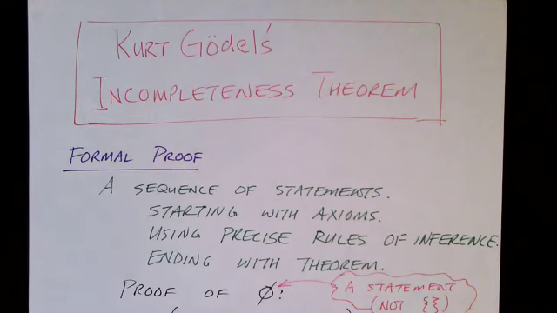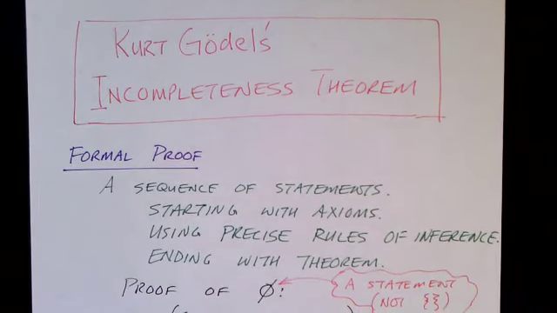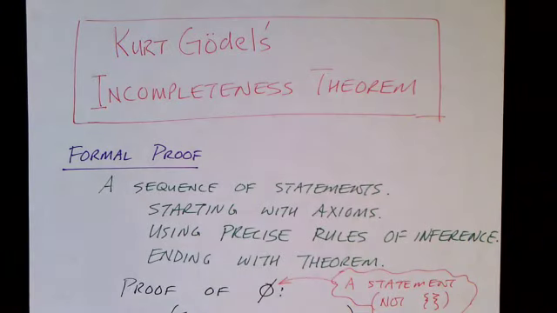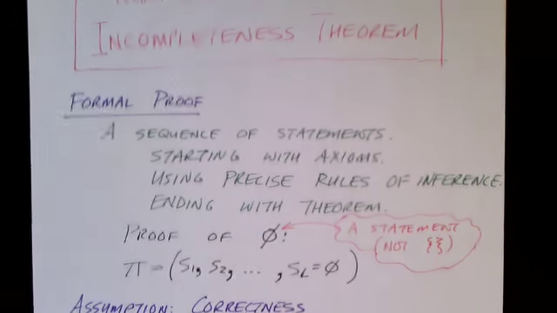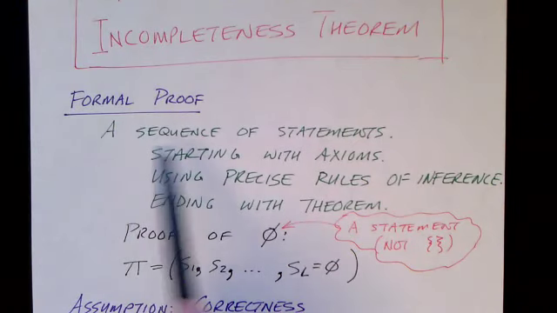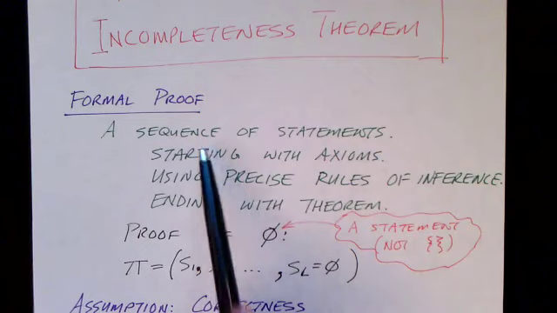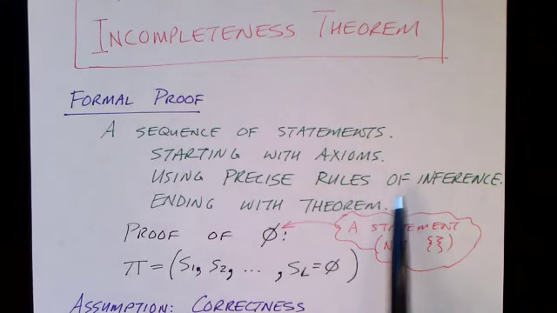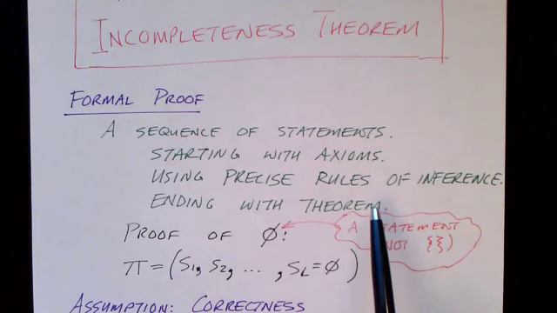In 1931, Kurt Godel proved a remarkable theorem, which is known as his Incompleteness Theorem. In order to explain what this is, we need to do a little background first. So let's remind ourselves what a formal proof is. It's a sequence of statements. We start with axioms, we have precise rules of inference, and we end with a theorem.